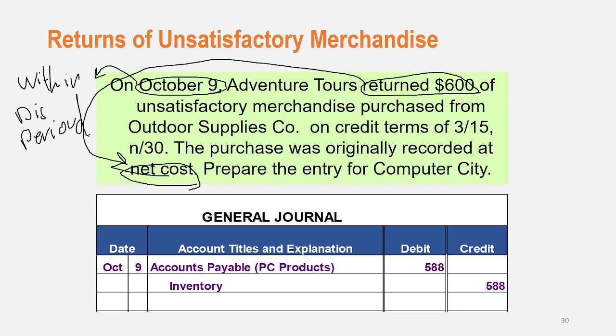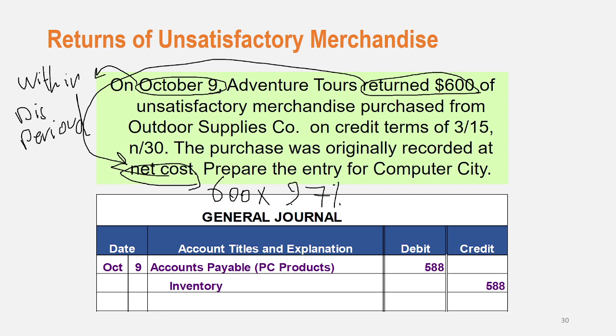So now that the return takes place, we need to find the total amount of the return after discounts, because this return takes place within the discount period and we are acting under the net cost method. So what is the total amount of $600 after discounts? We should multiply $600 by 97%.